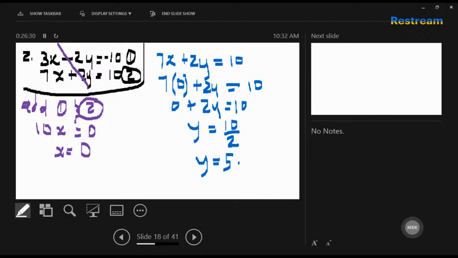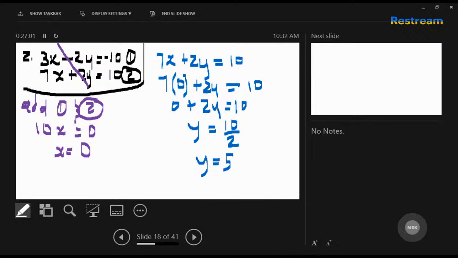So our solution set would be x is 0 and y is 5. And if we plug those in, 3 times 0 is 0, negative 2 times 5 is negative 10. 7 times 0 is 0, 2 5s, positive 10. All right, so that's example 2. So let's proceed.